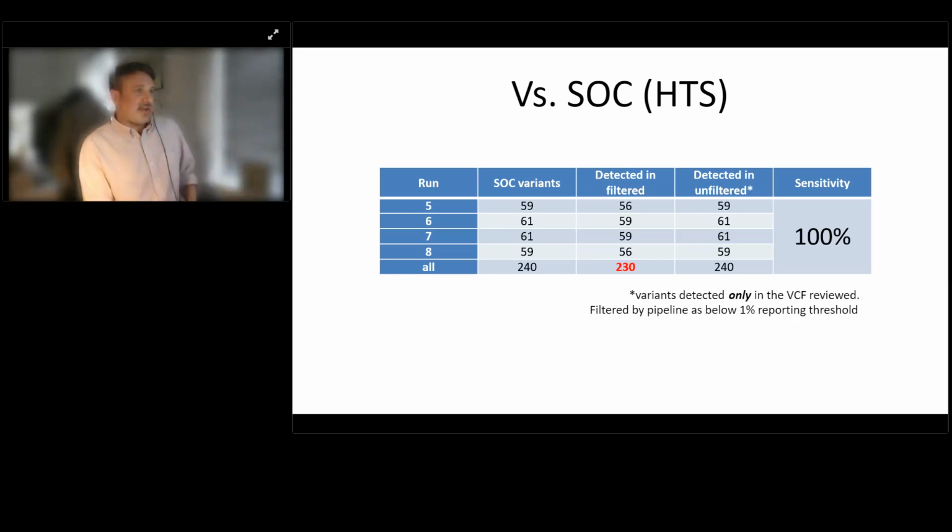Relative to our standard of care test, so this is the high throughput pan-hemonc NGS assay that we use for our acute diseases, we found that we had practically 100% sensitivity. There were some variants that weren't detected at the end of the pipeline, but that's due to them being slightly below the reporting threshold.